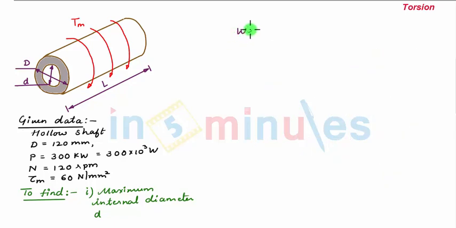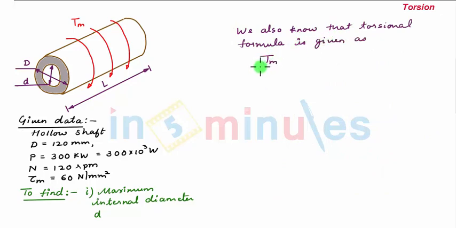Now we also know that the torsional formula is given as Tm by J is equal to tau m by capital R, where Tm is the maximum torque and J is the polar moment of inertia, which for a hollow circular shaft is pi by 32 into capital D to the power 4 minus small d to the power 4.